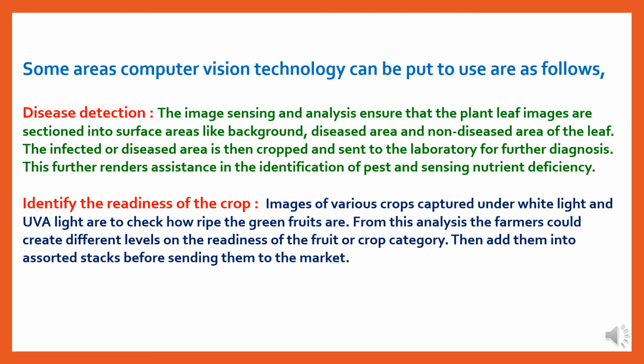Second use, identify the readiness of the crop. Images of various crops captured under white light and UVA light are used to check how ripe the green fruits are. From this analysis, the farmers could create different levels of readiness of the fruit or crop category, then add them into assorted stacks before sending them to the market.